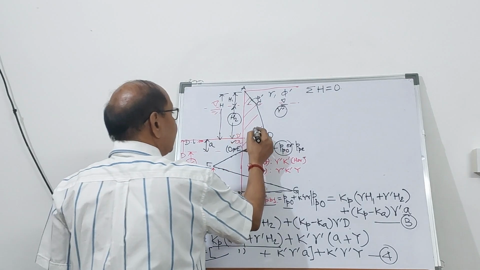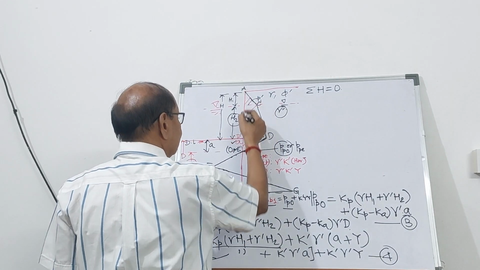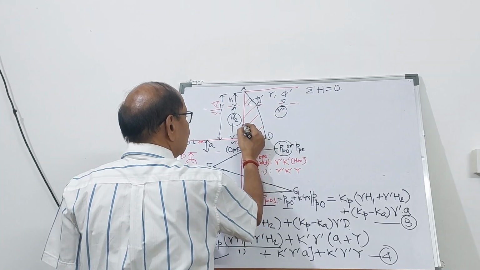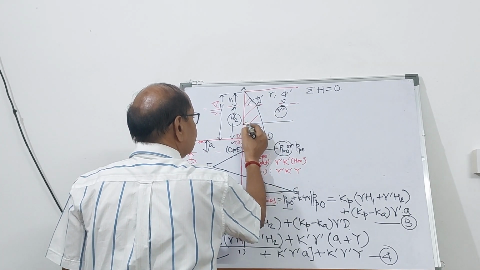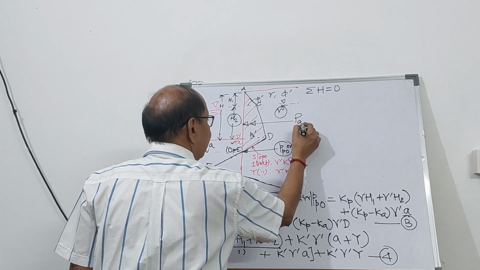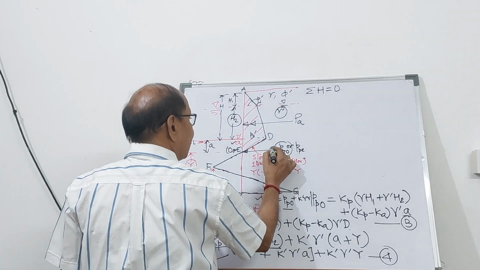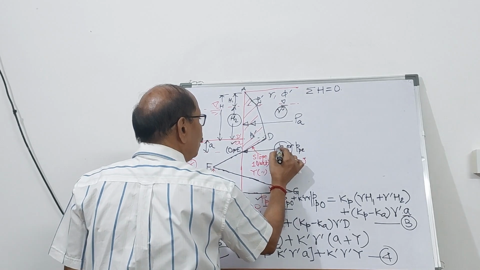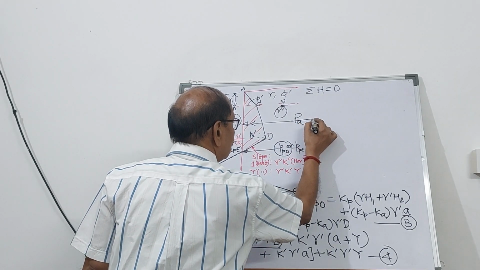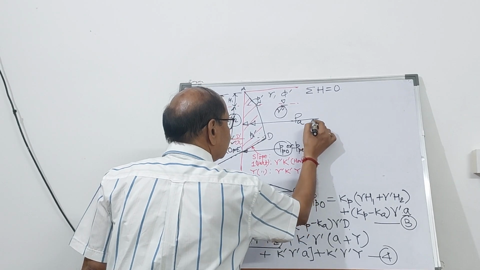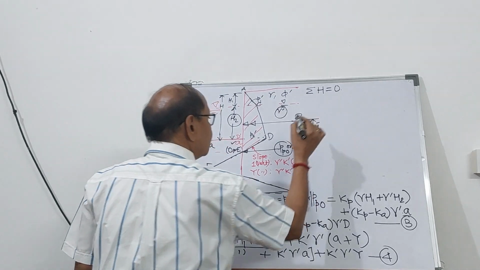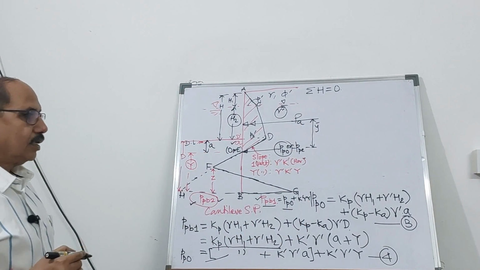So let's say this is the active force from A to O, and its resultant is, say, capital PA, which is acting from O. This distance is say y bar.